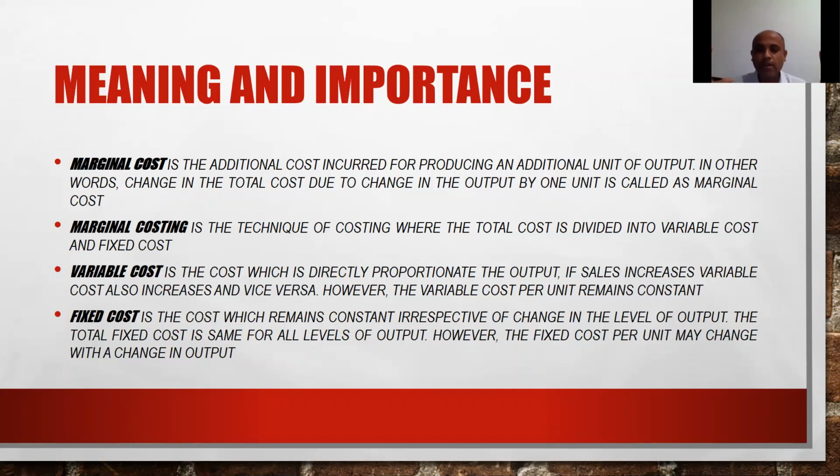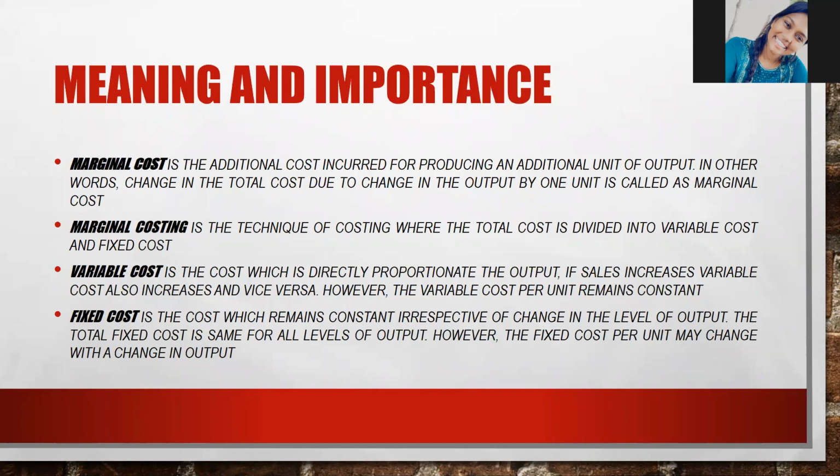Now you pick and tell me, fixed cost and variable cost, what do we remember? Whenever we speak of fixed cost, I want you to remember the one which remains constant. Whenever we are remembering, should we remember total fixed cost or per unit fixed cost?